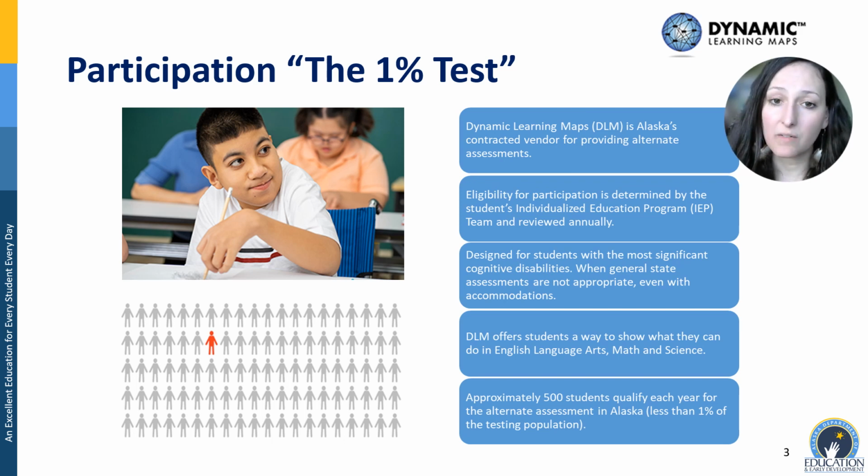The DLM offers students a way to show what they can do in English language arts, math, and science. To let you know why it's also kind of known as the 1% test, it's because approximately 500 students a year qualify and take the alternate assessment, which is less than 1% of the testing population.